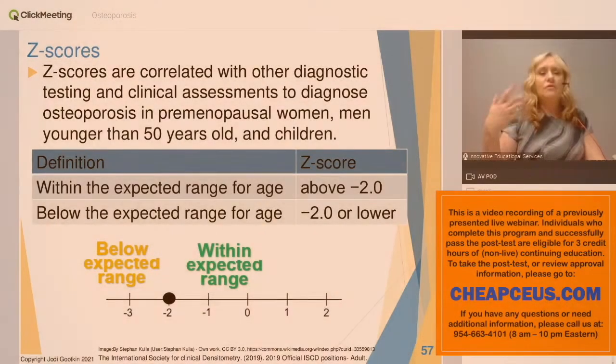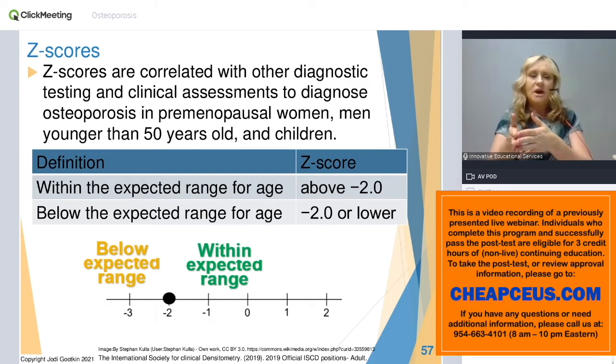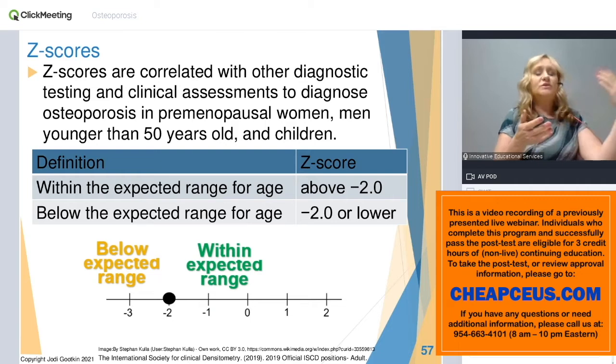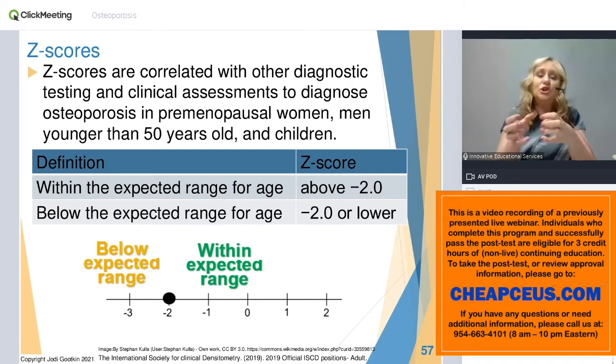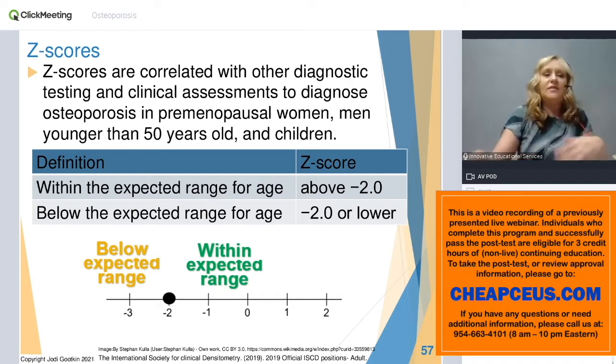The reason the Z-scores are important is because if someone is premenopause, you want to compare them to someone at that same point in time, or particularly pediatric cases, or someone who has one of the other diagnoses that we talked about. It may be at a different point in their lifespan, so you need to look at them based on their age referenced, and that's where Z-scores are going to come in.